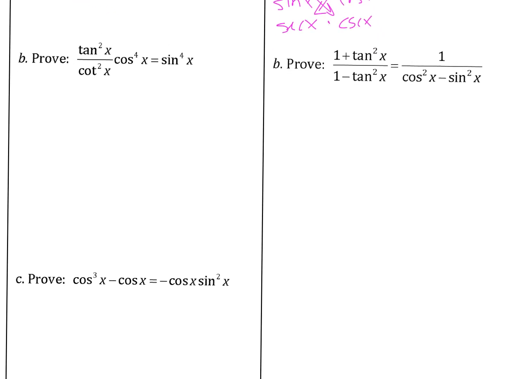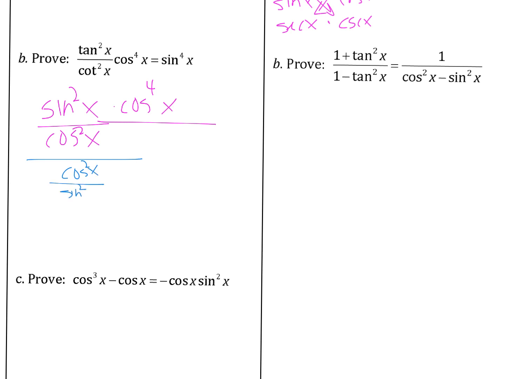Next one, tangent squared over cotangent squared times the cosine to the 4th is the sine to the 4th. I just am going to go sines and cosines again. So I've got tangent squared, so that's sine squared over cosine squared. And then I've got cosine to the fourth. And I guess I'm going to write the cotangent as over cosine squared over sine squared.